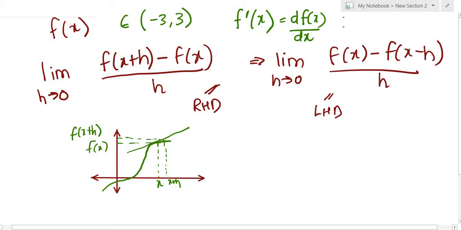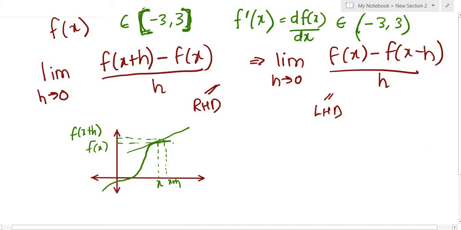So this is a closed interval, basically minus 3 and 3 are included, with this square bracket here. But the derivative will only be defined on the open interval. So, minus 3 and 3 are not included here. The round bracket is for not including stuff. Minus 3 and 3 are not included, but the values between them are included.